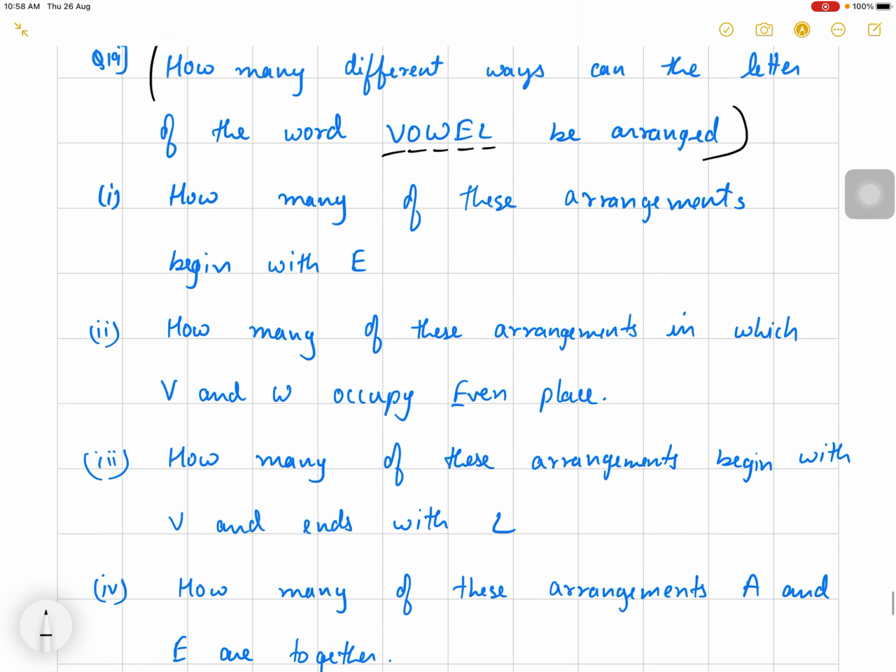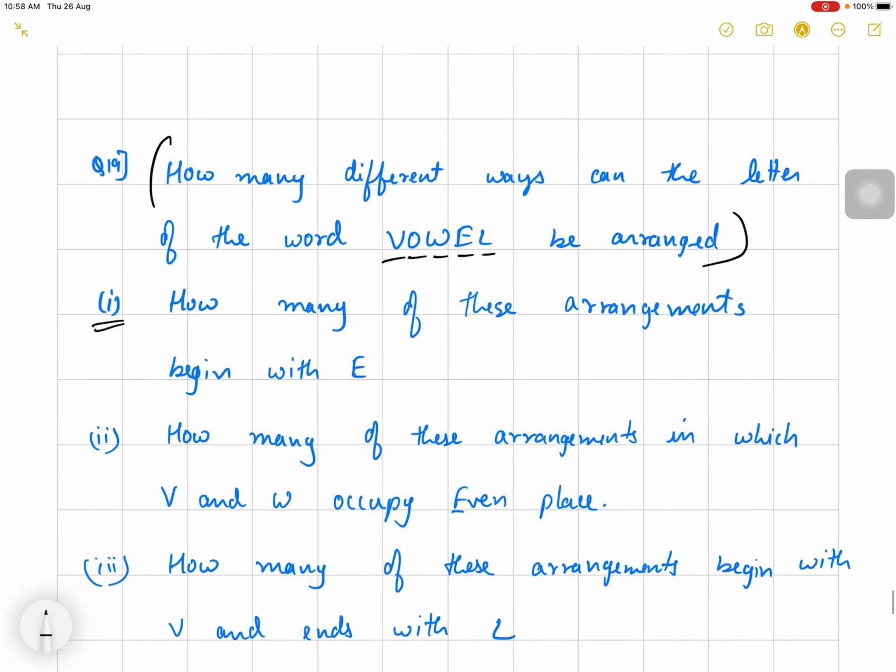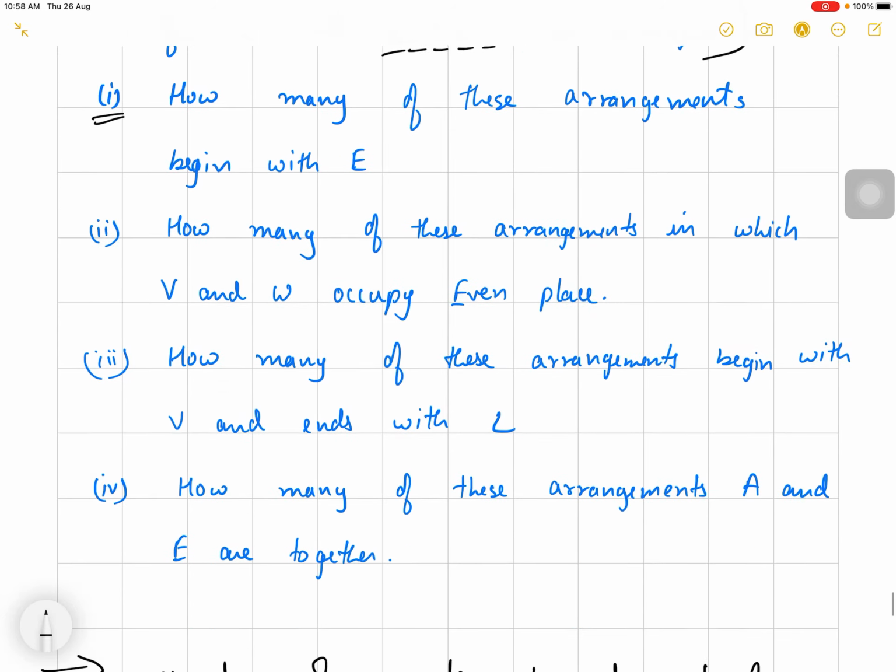Okay. Now, this question, how many of these arrangements begin with E? Okay. So, first place is fixed for E. Correct?